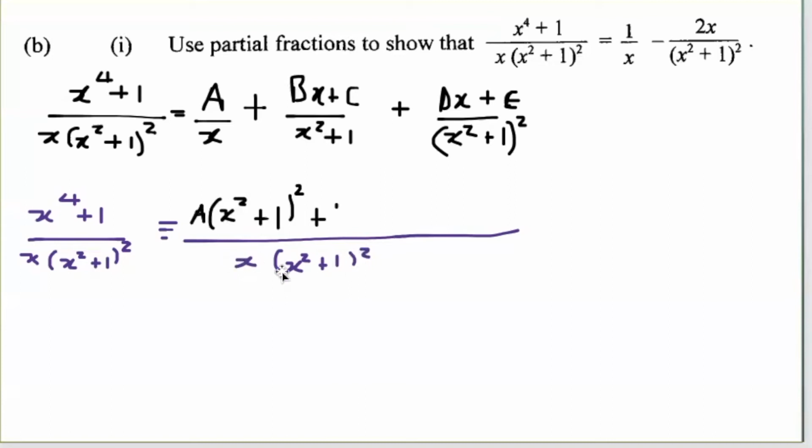This cancels, so I'm just left with x times x squared plus 1 multiplied by the numerator. So I'll have bx plus c multiplied by x times x squared plus 1. So that's what I'll have right here.